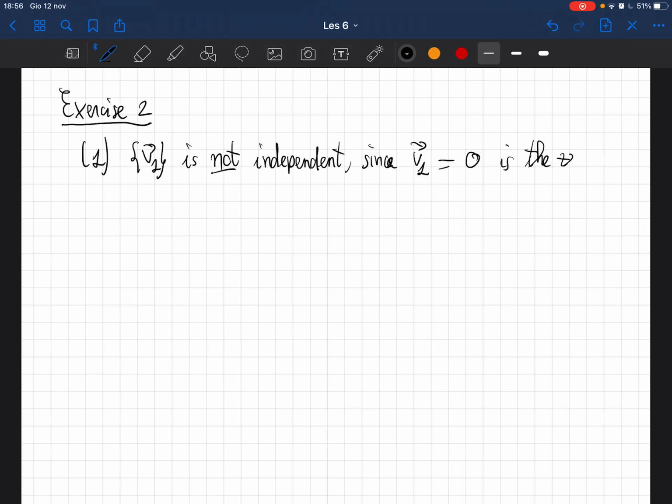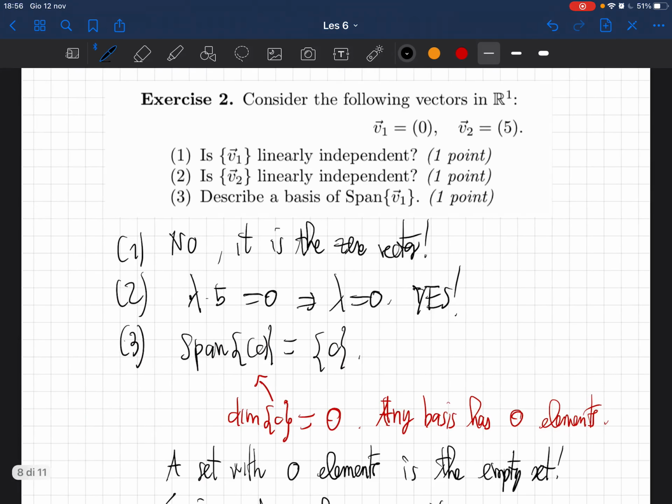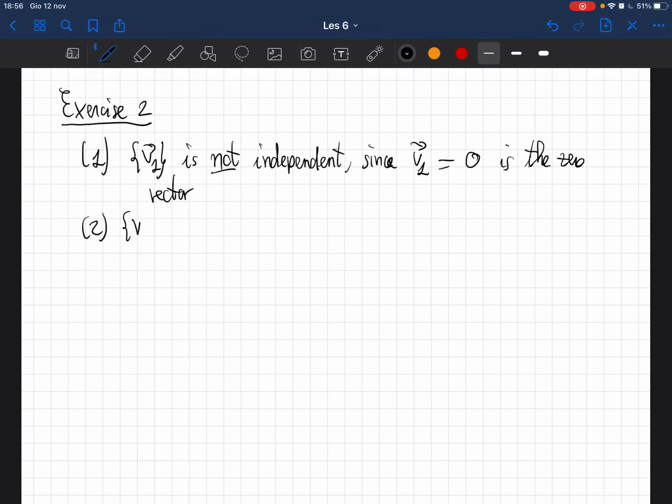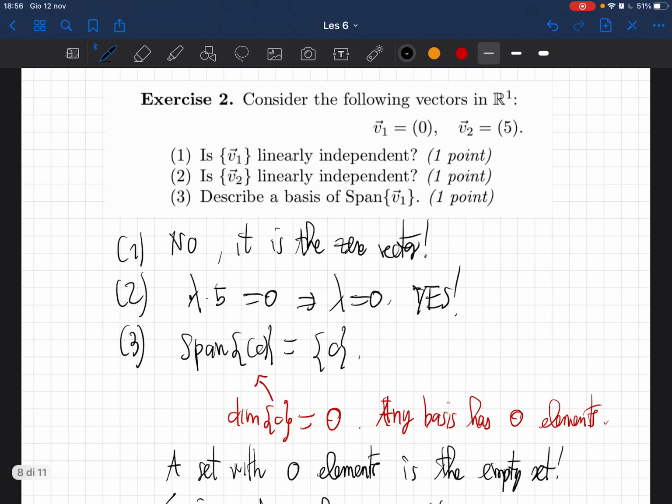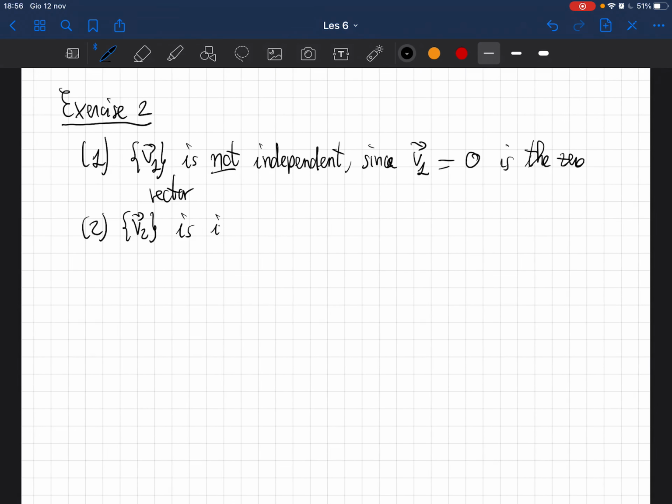Is the 0 vector. So the other v2 is independent. Independent. Indeed.